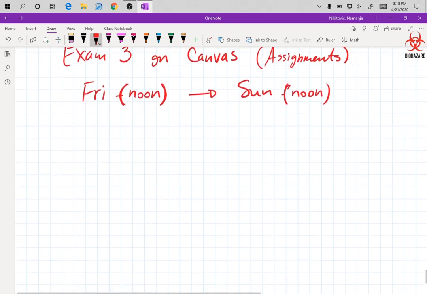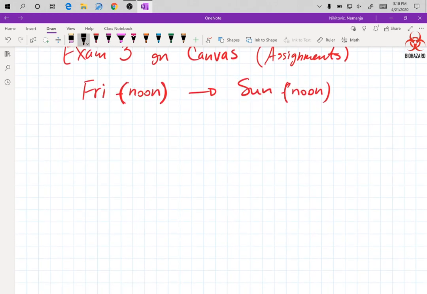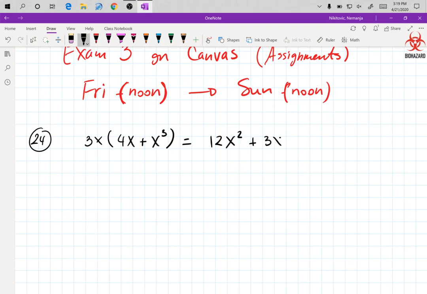Okay, so let's take a look at another example here. They want us to multiply in problem 24: 3x times 4x plus x cubed, which would be 12x squared plus 3x to the fourth.